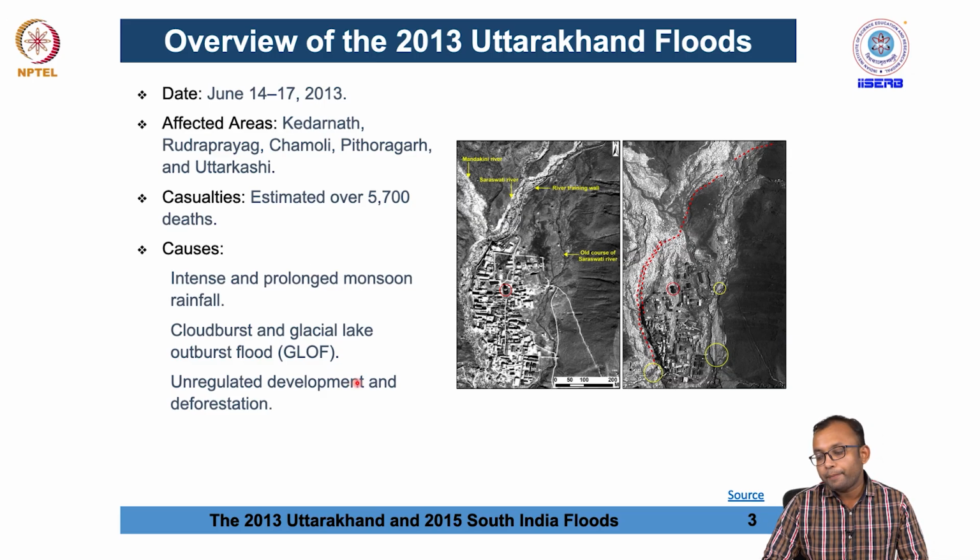Why did this happen? Because of unregulated development and deforestation in that particular region, which created significant damage, and therefore we observed significant damage caused by this event. You can look at these two images here. On the left side is the pre-event image, and the other is the post-event image.